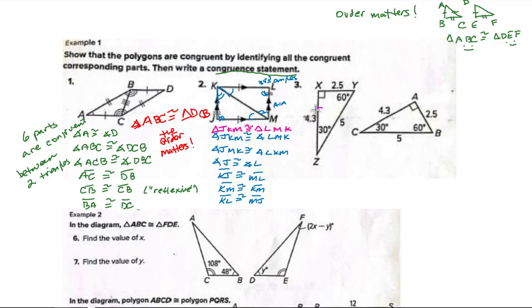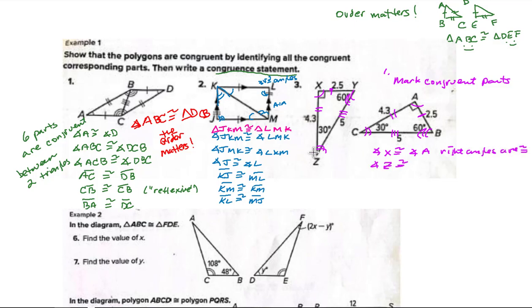Looking at number 3, we have side lengths to match up the congruent sides. So on the diagram, we add tick marks to mark the congruent parts. And then angles opposite those sides, we can also mark, where the 30s go with the 30s and the 60s with the 60s, and then the right with the right, and so on like that. And now we just name the congruent parts. So angle X goes with angle A because right angles are congruent.